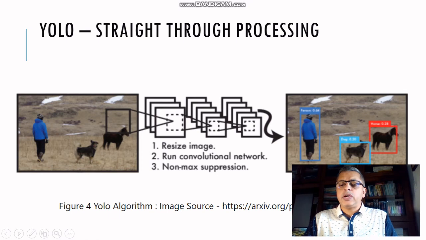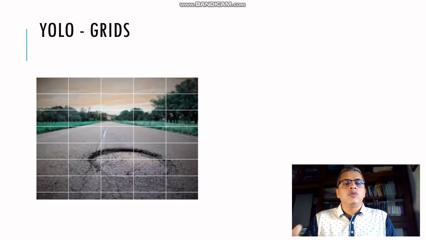Let's look at YOLO in a little more detail. YOLO divides an image into multiple square grids like this. And for each of these grids, there is a kind of prediction.